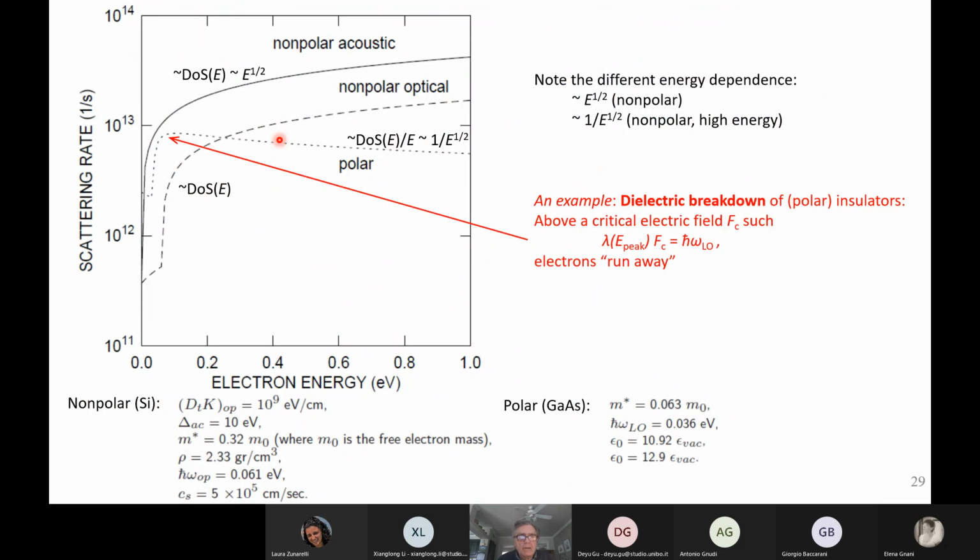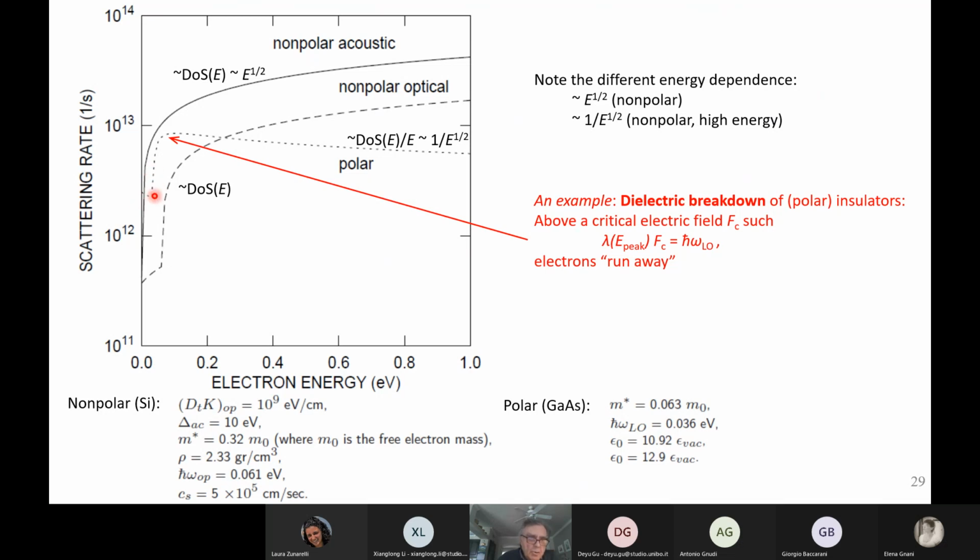But the bottom line is that in this picture, it's the same picture that I showed before. Look at what we saw before for the non-polar scattering. It grows with the density of states. The polar interaction now, notice the step here. This is particularly for gallium arsenide, in which I'm assuming that the frequency of the optical phonon is about 36 milli-electron volts. That's where we see the step. It's the onset of emission.